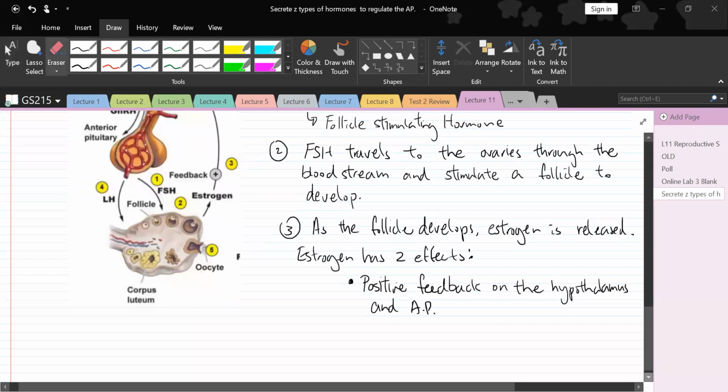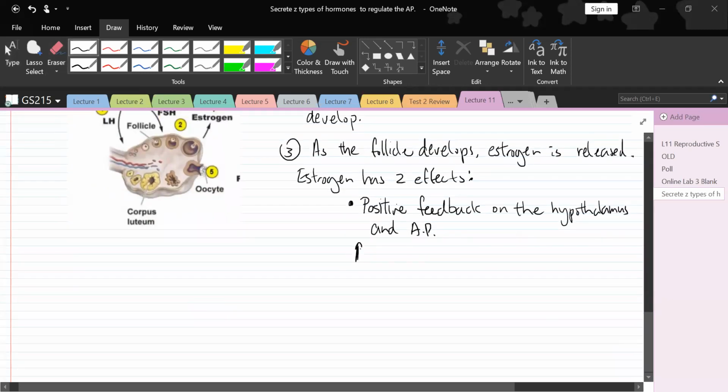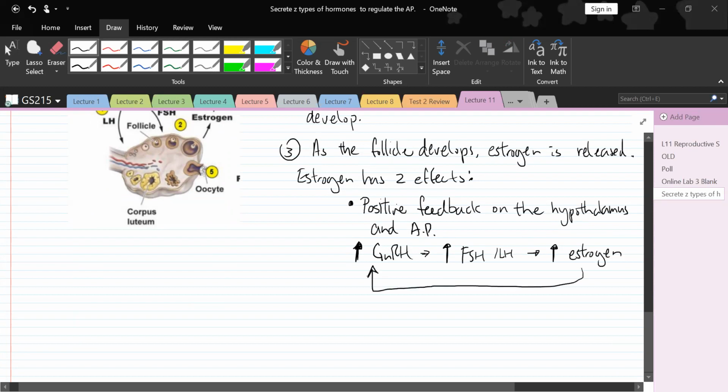To put it in a very simple sense, increased GnRH will lead to an increase in FSH and LH, which would lead to an increase in estrogen. But then the estrogen goes back in a positive feedback to cause more GnRH to be released, as opposed to lowering the GnRH. So that's called positive feedback.